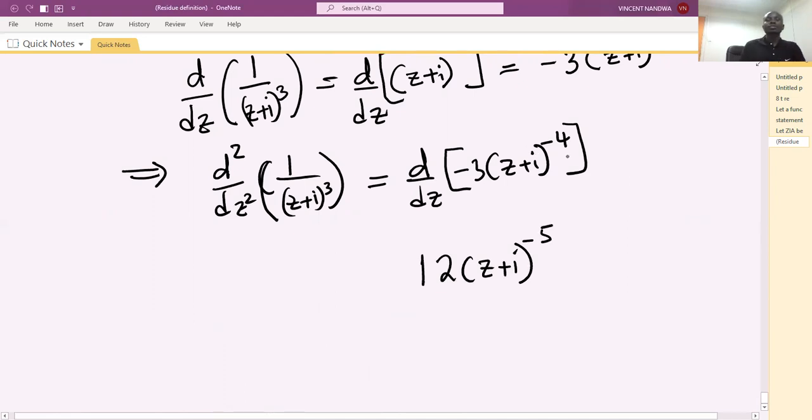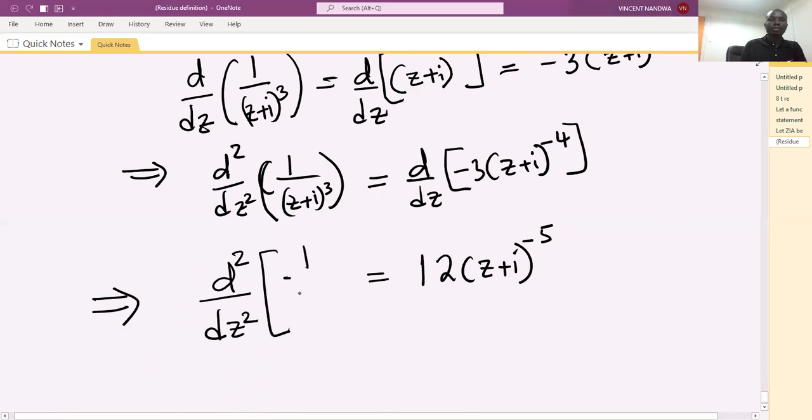Differentiating inside, we still get 1, so it doesn't change the value. So this is the value of the second derivative of the function 1 over z plus i power 3.